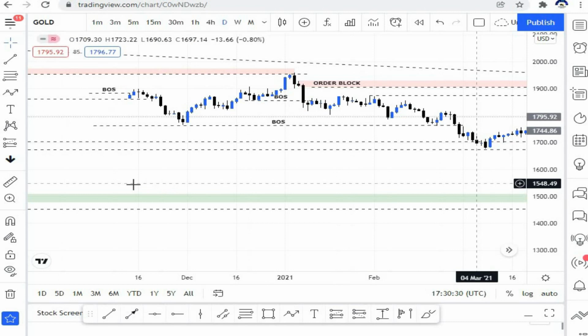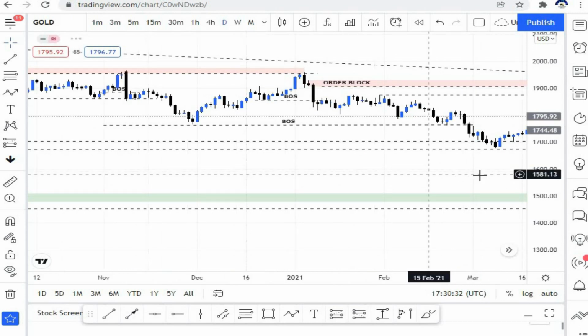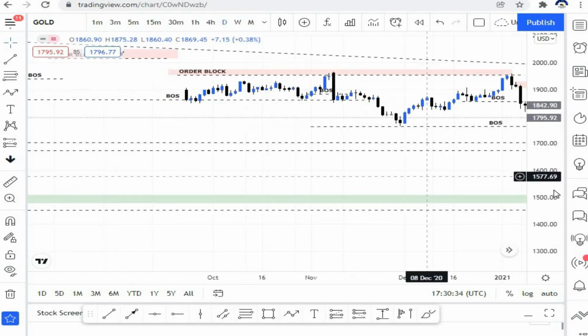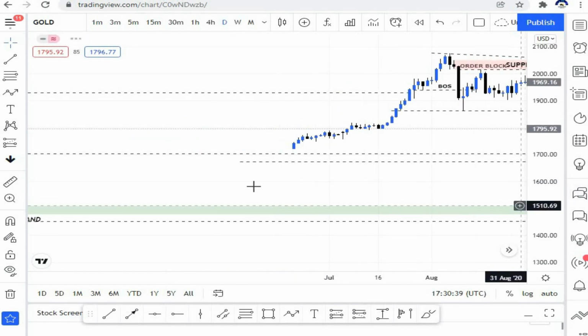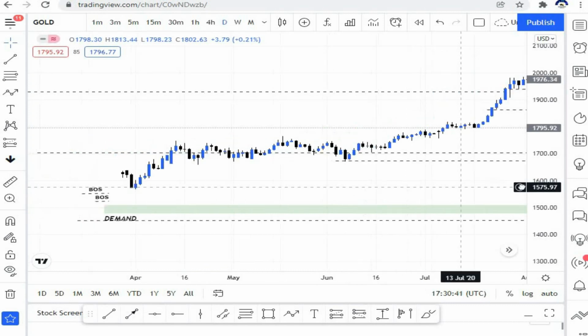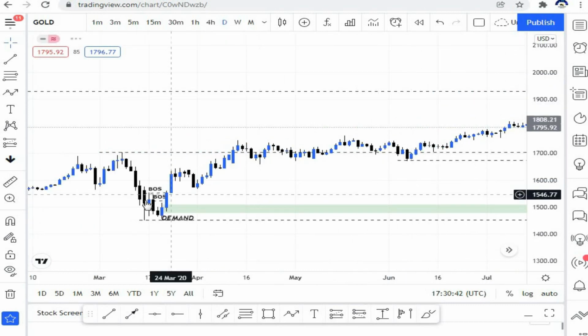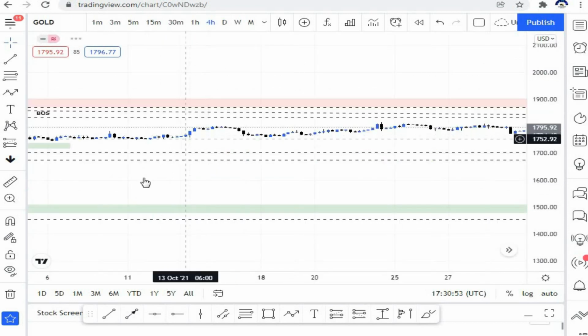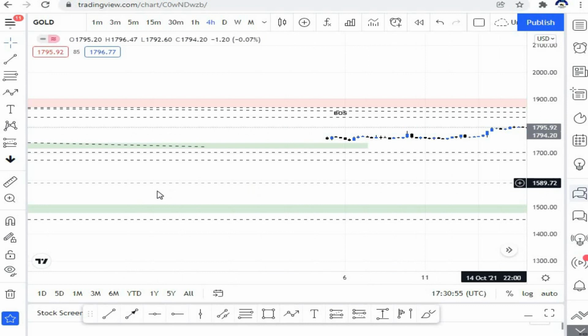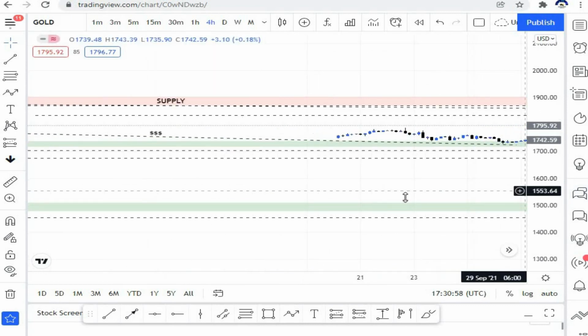Let me just go as quickly as I can so that you can see it clearly right there. You can see right there. This was the last opposite candlestick which was created by the market going down. That opposite candlestick was taken out, and if you go to the H4 time frame, you can find out, guys.